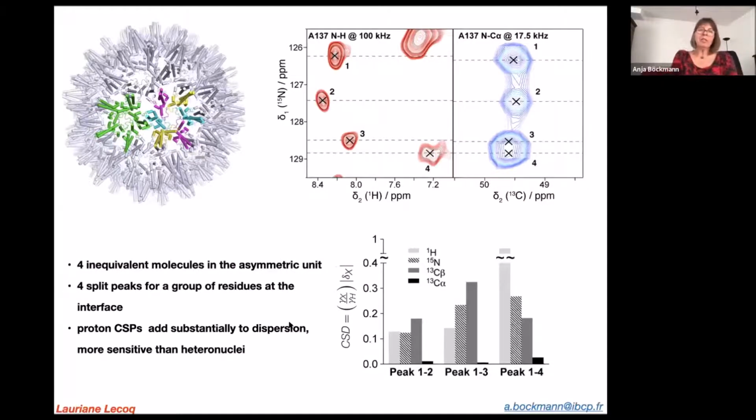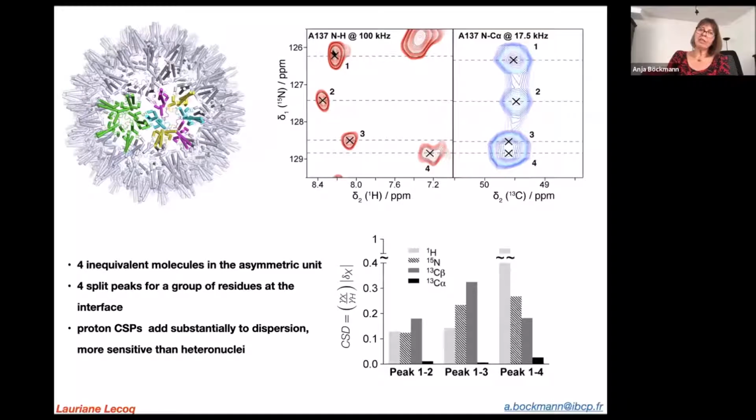One interesting thing is also that I told you there are 4 different molecules in the asymmetric unit, and for a set of peaks you get really several peaks, because the structure is not the same in the 4 molecules. It's not for all the signals, but it's about 20% of the signals. You can see here for alanine 137, for example, the NCA correlation spectrum, where you can see the 4 peaks of the 4 different monomers.